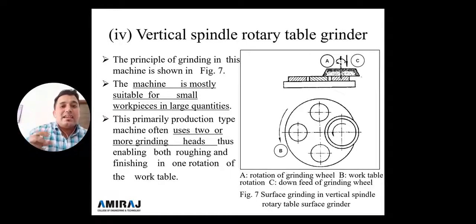If I want to give a surface finish to small marbles, or small pieces of, say, square bar type SS material, circular or rectangular or square blocks of workpiece, and I want to work on all workpieces in parallel, then I put my workpieces on the circular table and a single wheel rotates in the opposite direction. After construction, if we polish marble, we use such a kind of grinding operation.